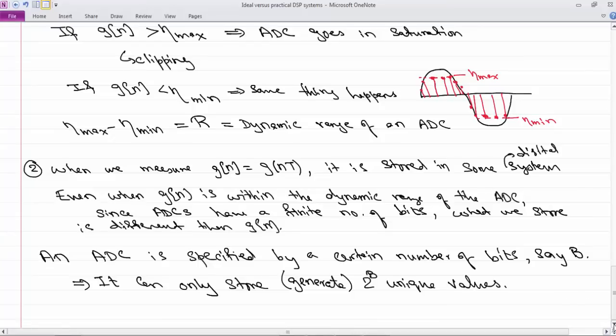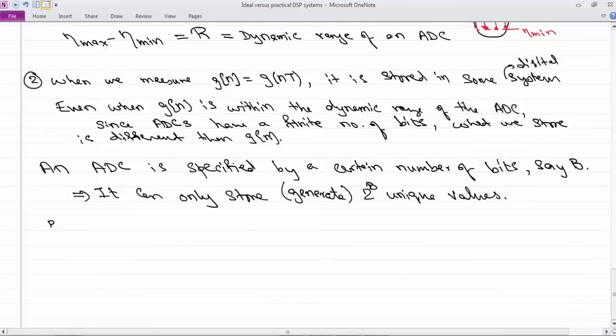Okay? And this B is called the resolution of the ADC.